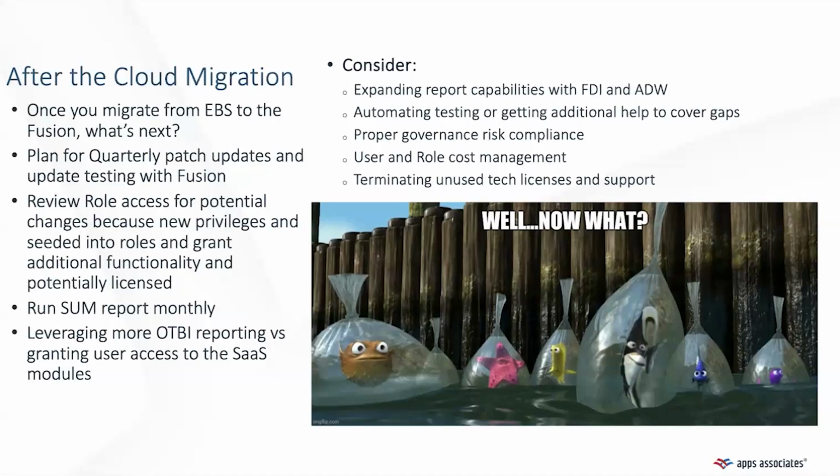So now is our chance to think about, do we need this much Oracle database license, or how do I redeploy those database technology assets that were allocated to EBS, et cetera, and recast them to get new value out of them with Oracle 23ai and other capabilities that the Oracle Cloud Infrastructure or platform side of the house can enable us to do in conjunction with our Fusion SaaS. So looking at those technology assets in a different way, or just terminating those unused assets if they're no longer needed.